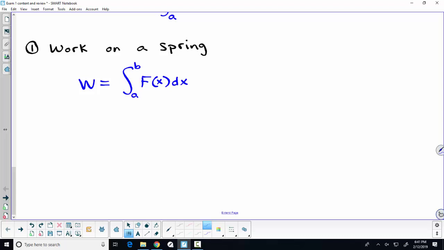We have force times distance, but we've got to sum all of those up, which is this here for a spring that obeys Hooke's law. Is there going to be a case on the test where it doesn't obey Hooke's law? No, I wouldn't do that. Work on a spring. Okay.